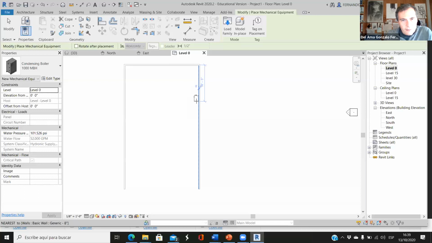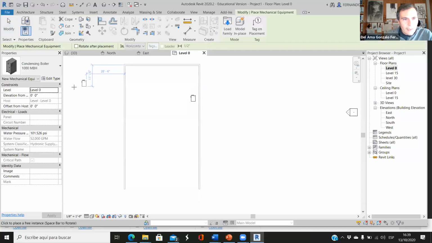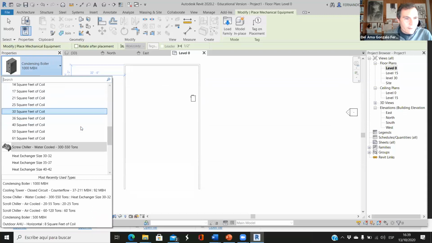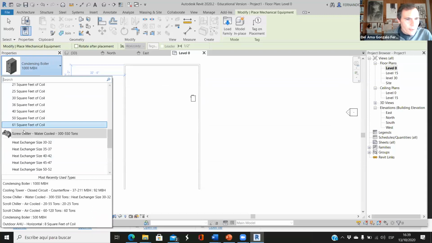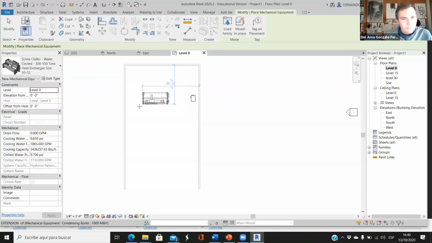So let's place it here. Okay. And now, mechanical equipment. What do we have in the basement, or in this case on the first floor? We have the chiller. So here we have the water-cooled chiller, and let's select the smallest one. And the smallest is something huge.